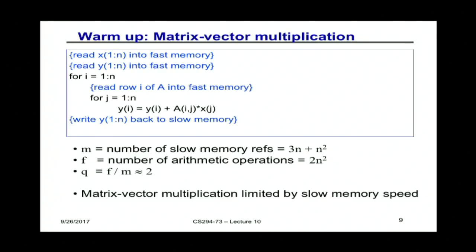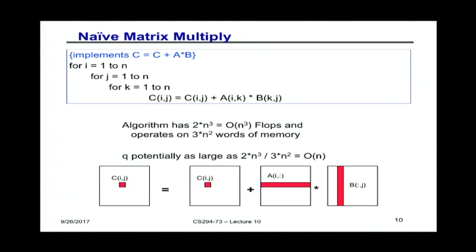So here you can do the count. We usually count plus and multiply separately. So each plus is 1 operation, each multiply is 1 operation. So here it's 2n squared because plus and multiplication are separate. Then you can compute the Q. This ratio is pretty bad. It's only 2. Okay? So with this algorithm, you won't be able to get a very good performance on the machine.